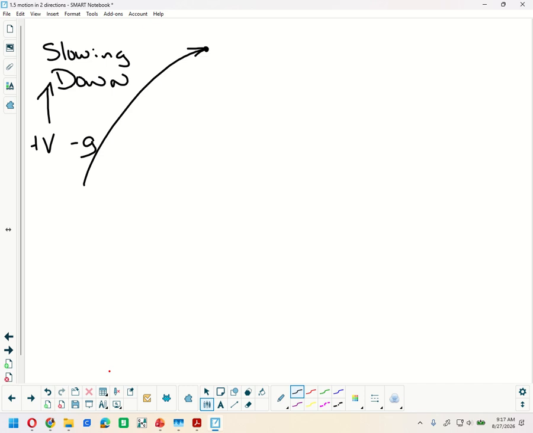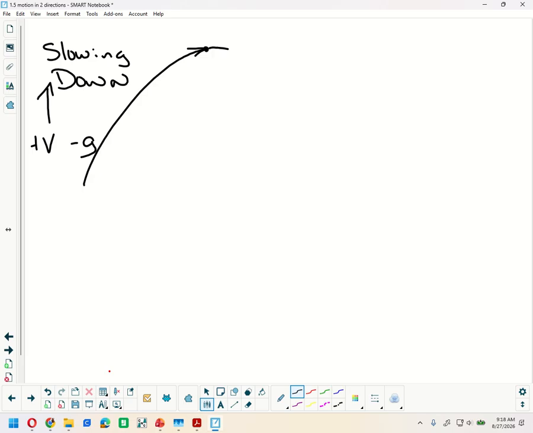This goes back to the sign changes for velocity and acceleration, which tell if it's increasing or decreasing. Remember, gravity is acceleration, and it is pulling it down. So when the signs are different, it's going to be slowing down.